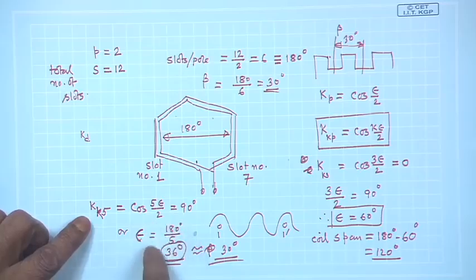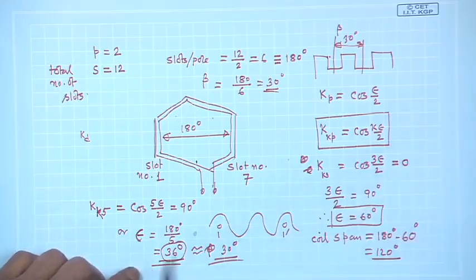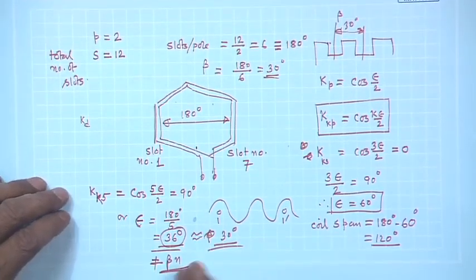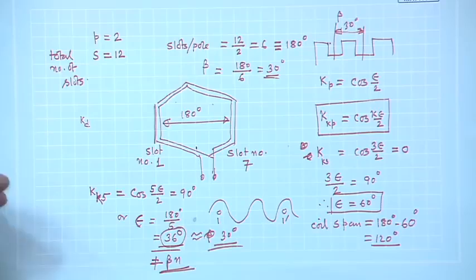Then I come out with an epsilon value which is not equal to a multiple of beta, say n beta, it cannot be expressed like that. Therefore, there I am slightly disturbed because I am not sure what to do, but I am telling you.